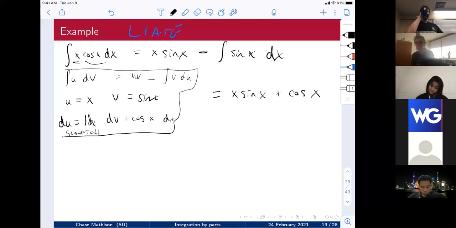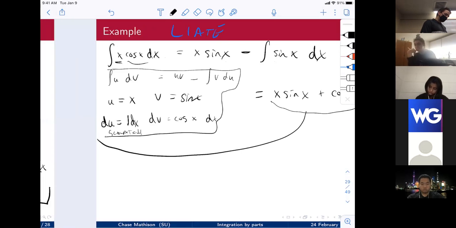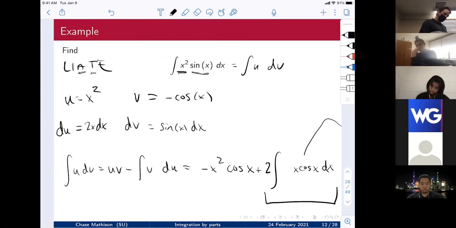Plus, I can do the plus c here, but I'm going to wait until the very, very end. Because remember, we were doing this on the way to getting our original integral. So I need to take this and plug it back in here, right? For that integral.